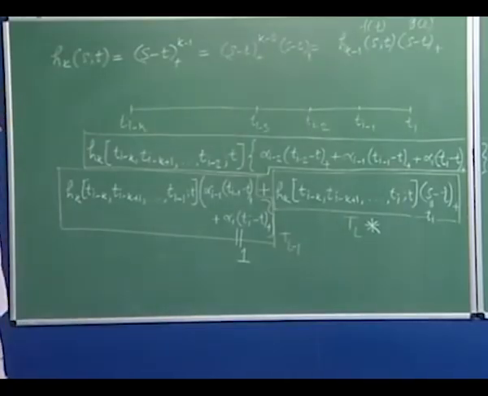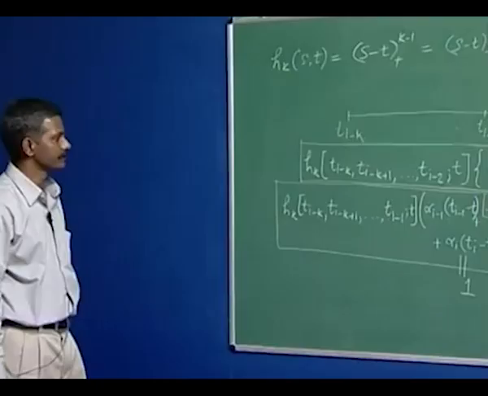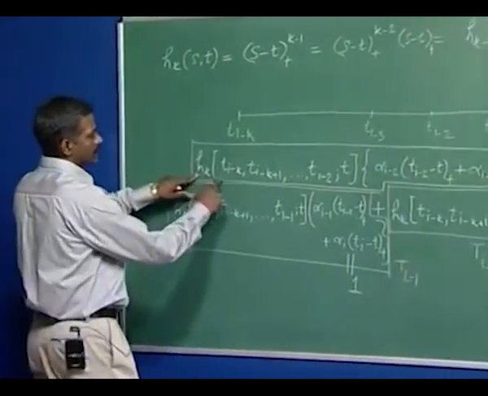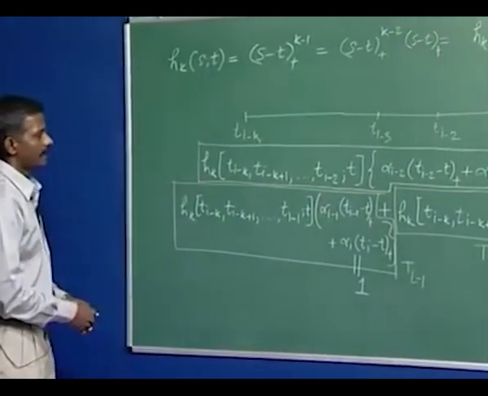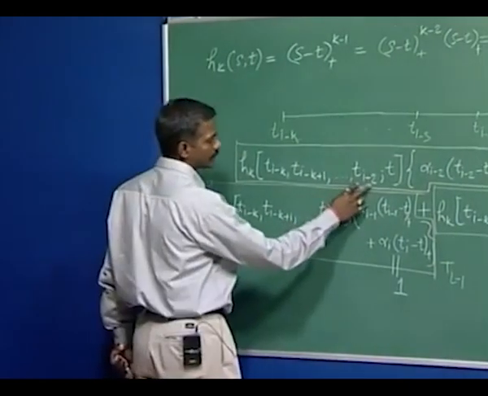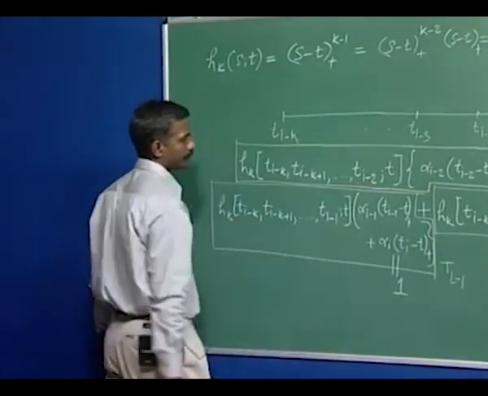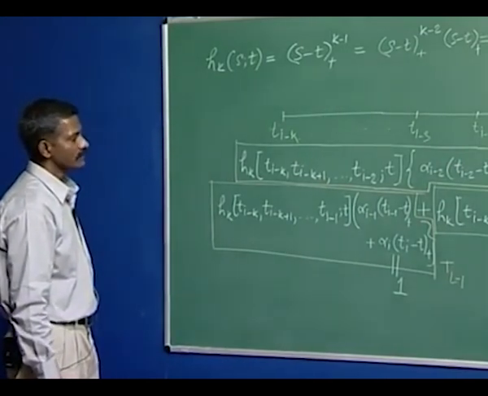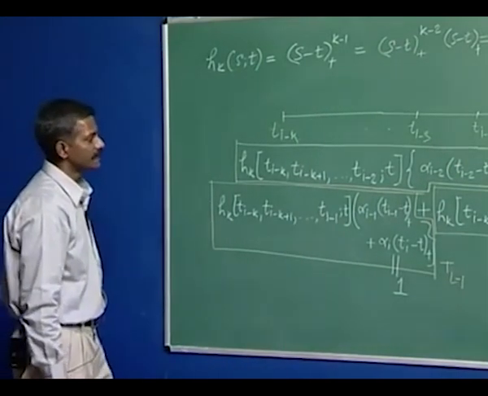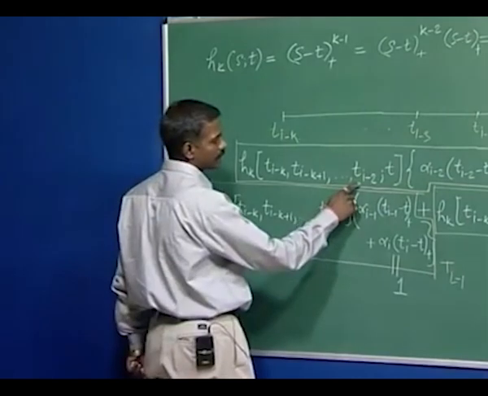Now, let's go to the third last term here. And we are going to be using similar arguments. Look at this expression over here, and in particular, look at this last number, t_{i-2}. What do you have to say for values of t greater than t_{i-2}?